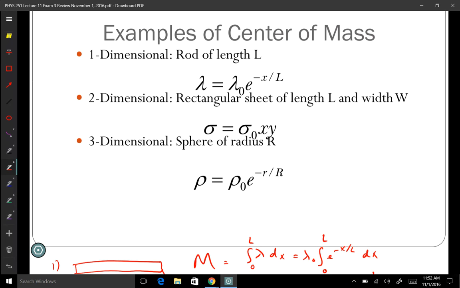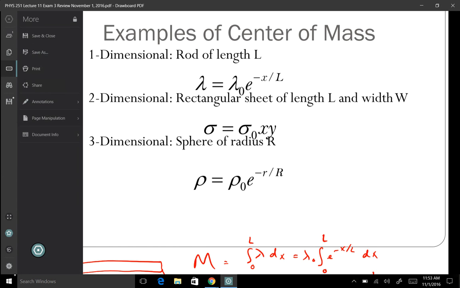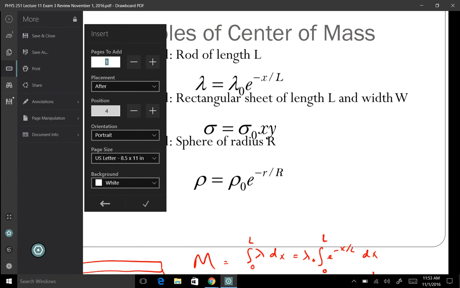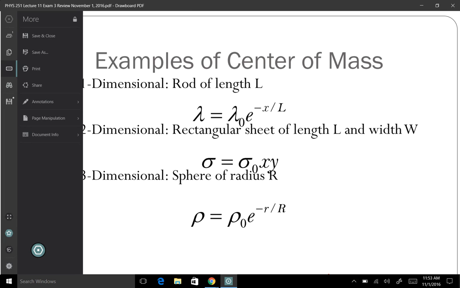The second one: a rectangular sheet of length L and width W with an areal density of sigma equals sigma sub 0 times xy. To do that, I'm going to have to create a new sheet here. Page manipulations, insert. Putting in 3 sheets, but none to the wind, just for the record.